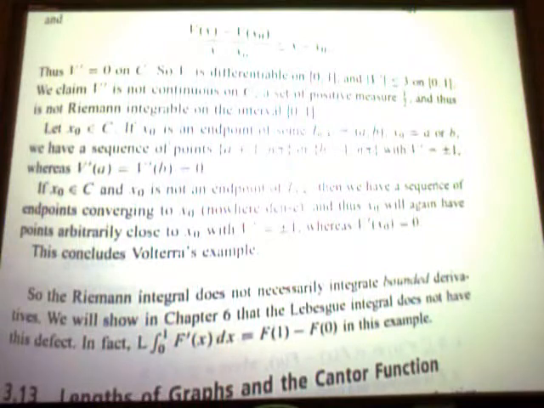What this construction is designed to do is make a really, really bad function, one where the derivative exists, but it's just not continuous.